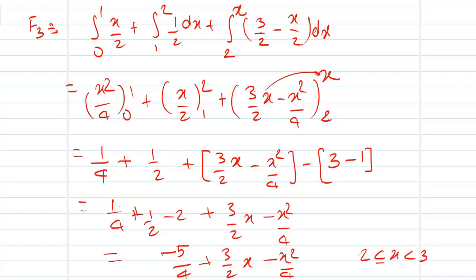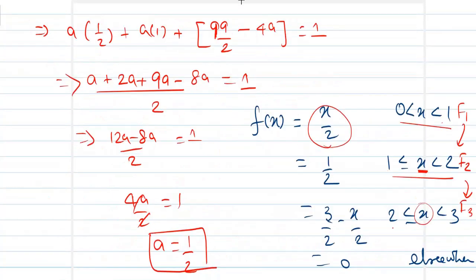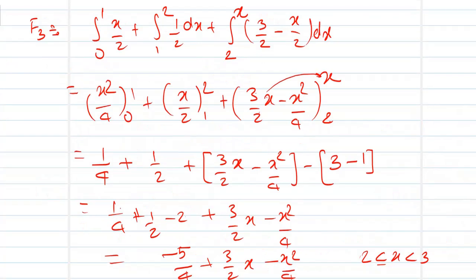Moving to the last cumulant, what happens over here? This is fully complete from 0 to 1, fully complete from 1 to 2, fully complete from 2 to 3, and now here it moves as f4. So when we move on over here, what will be our f4? f4 will be equal to integral from 0 to 1, which is fully complete.